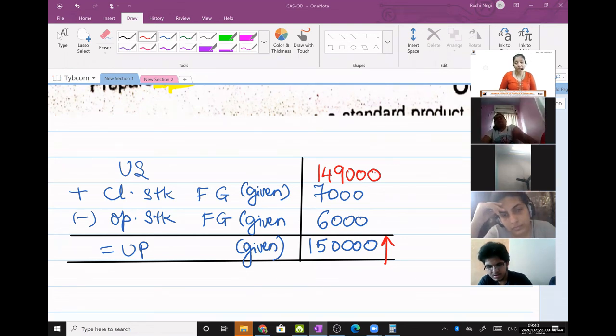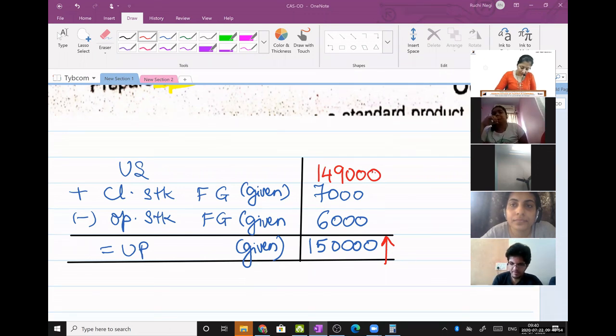Plus will become minus, minus will become plus. And if you want to keep ready your note number 2 for non-cost, you can even do that. Anyways, next lecture I'll be doing it. So how many items?